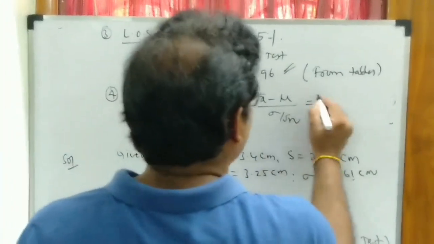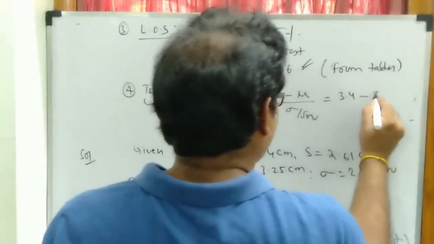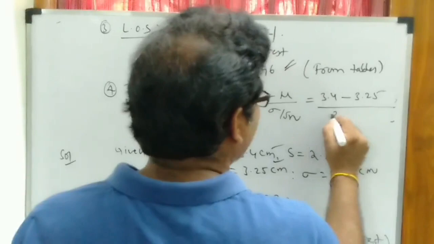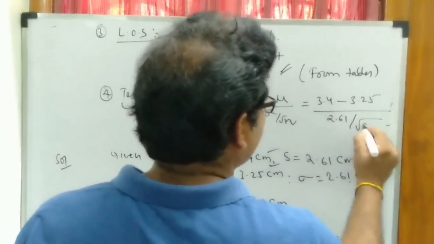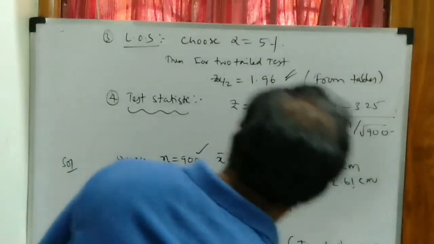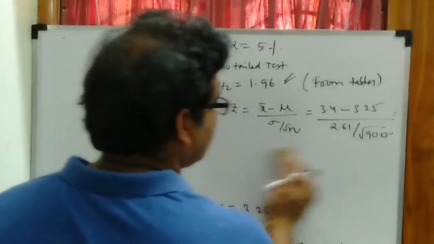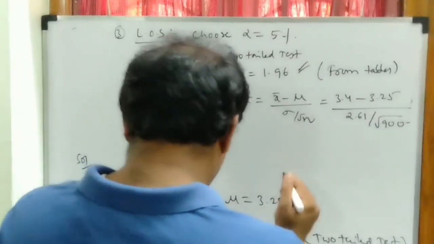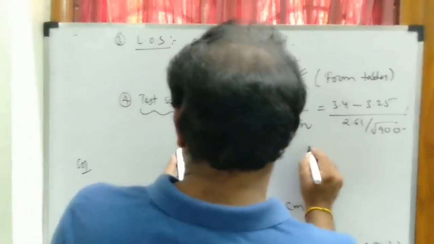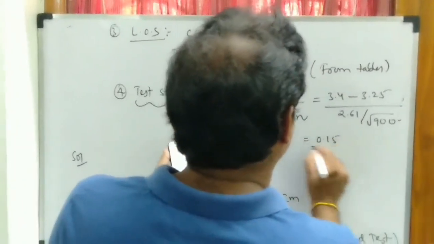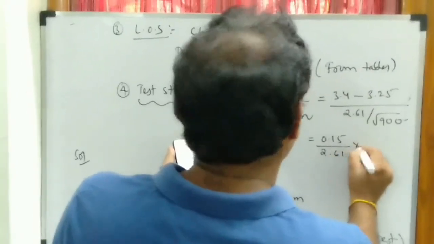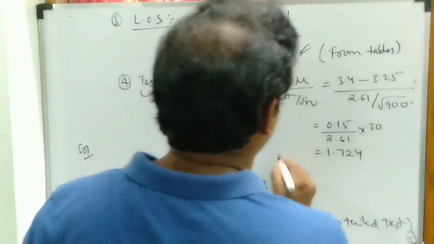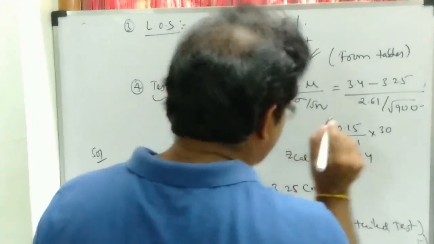So x bar value 3.4 minus mu value 3.25, by sigma 2.61, by root n, so root 900. Simplifying, this is 3.4 minus 3.25, which is 0.15, by 2.61 into 30. This value is 1.724. This is the z calculated value.